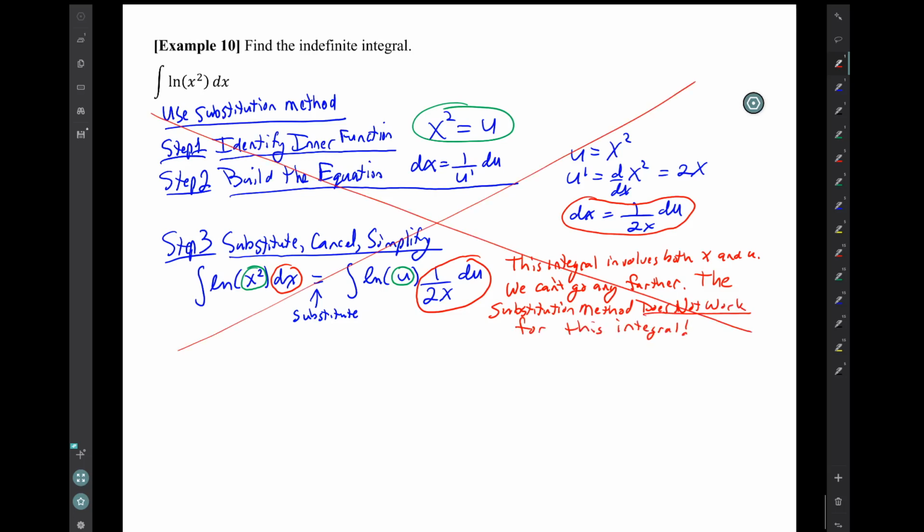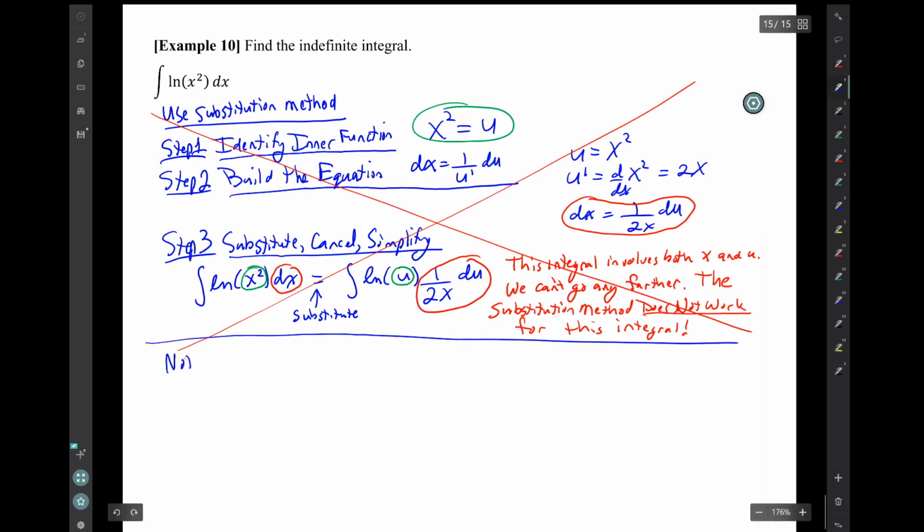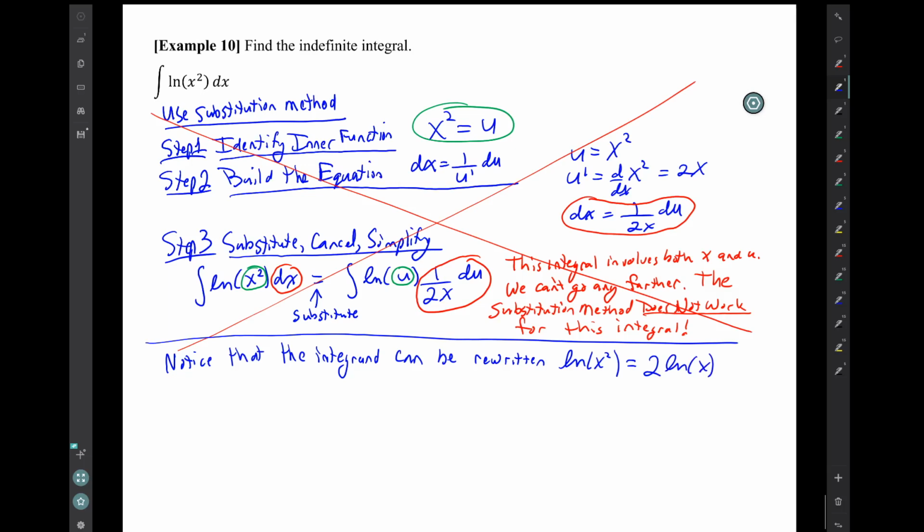Well, what do we do? If the substitution method does not work for this integral, what else should we do? Well, how about this? Notice that the integrand can be rewritten. Oh, so that means that our integral is actually not very hard at all.